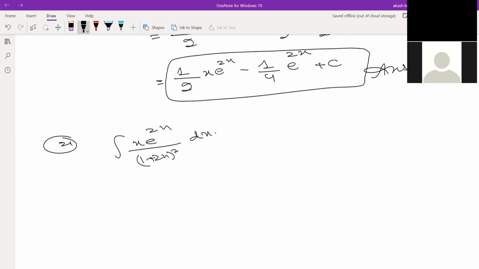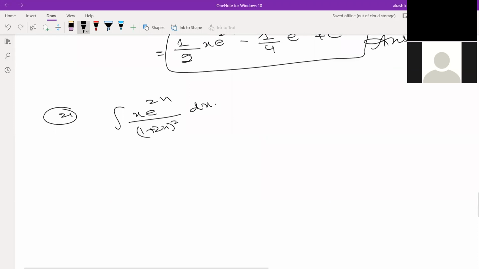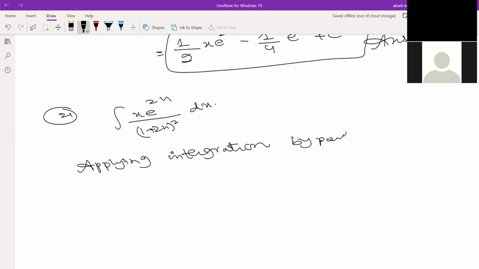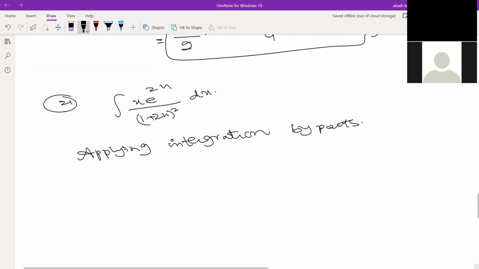Okay, now applying the integration by parts technique. Let's say our u is x e to the power 2x and our dv is 1 over 1 plus 2x whole square.